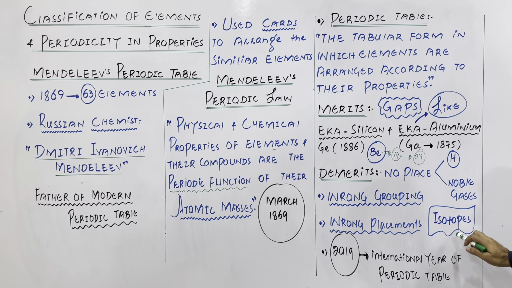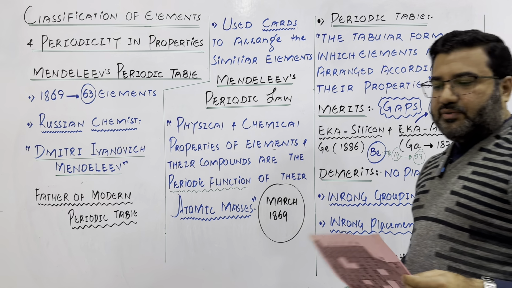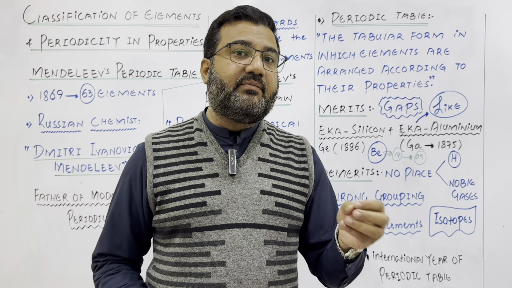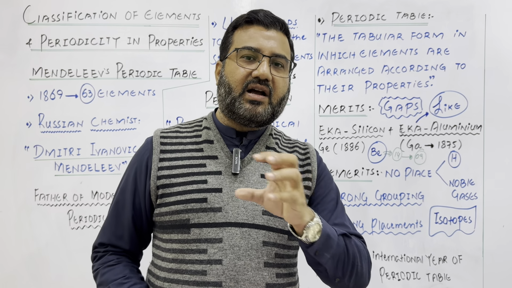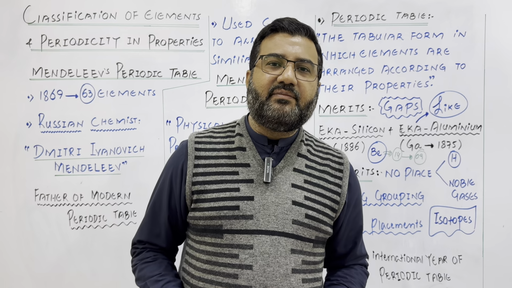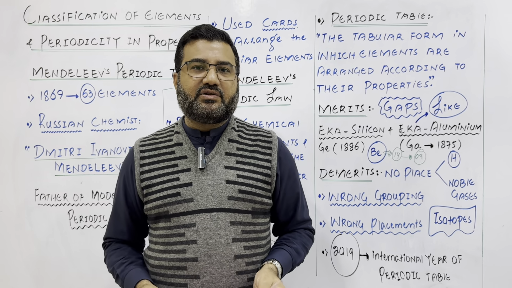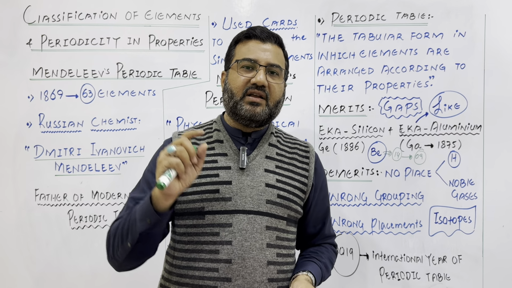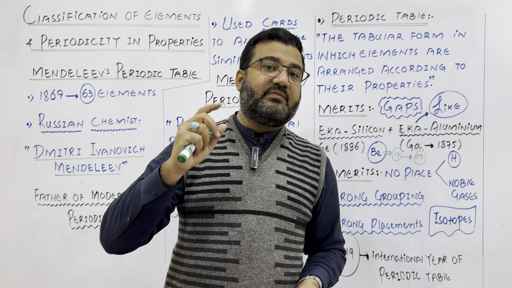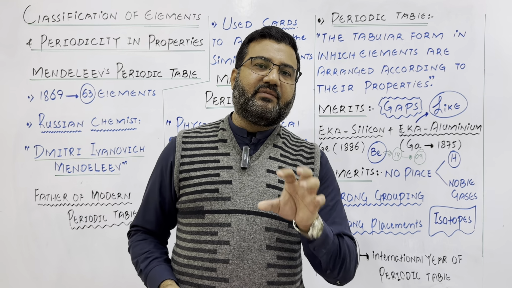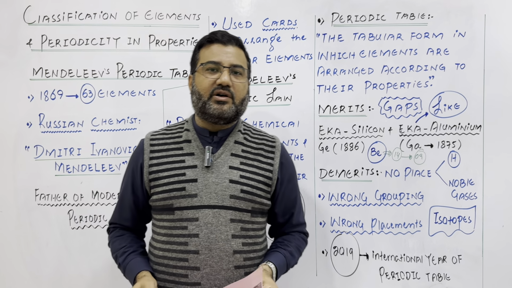My dear students, then later on the concept of isotopes was discovered. When you are arranging the elements on the basis of their atomic masses, isotopes are the atoms of the same element having different masses. You know, nowadays hydrogen has three isotopes: protium, deuterium, tritium, mass number 1, 2, 3. So there must be 3 slots for hydrogen in the periodic table if the periodic table is made according to the atomic masses.